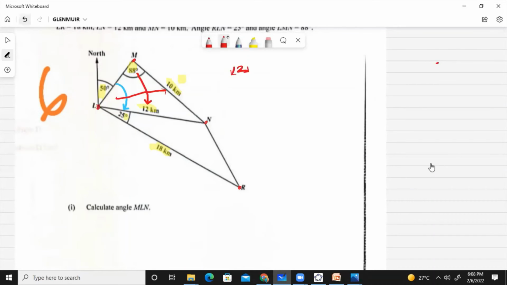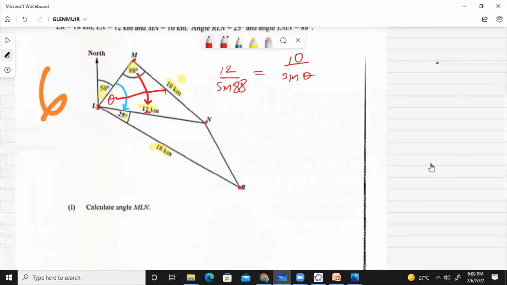Hold on, wrong marker. Let me switch this marker. Thank you. Let's go. We could say 12, which is this 12 right here, over the sine of 88 is equal to 10 over the sine of the angle I intend to find. I can just put theta for now and then I rename it when I'm done.